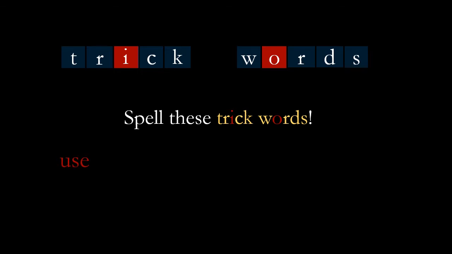Your next word is used, used. And here is that word. The next word is again, again. And here it is.